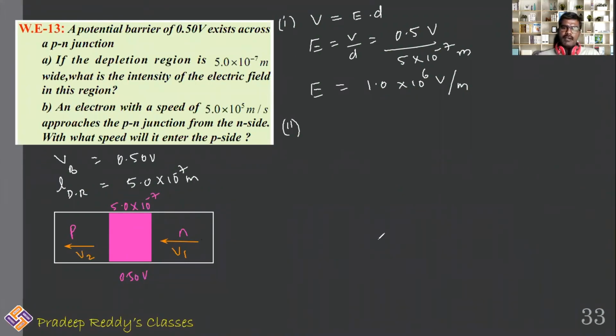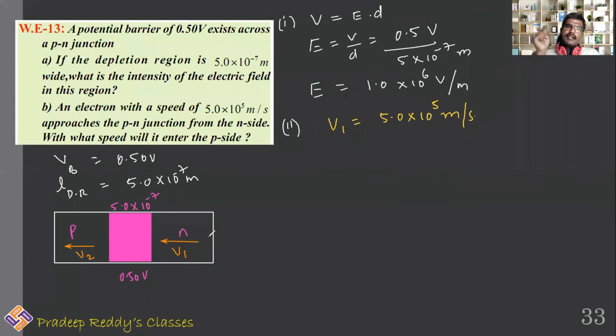And velocity v1 in the problem is given. v1 is equal to 5.0 into 10 power 5 meter per second. That is the velocity of the electron which is approaching towards this region. So in order to cross that barrier, the kinetic energy of the electron should be greater than the energy band gap of the depletion region.